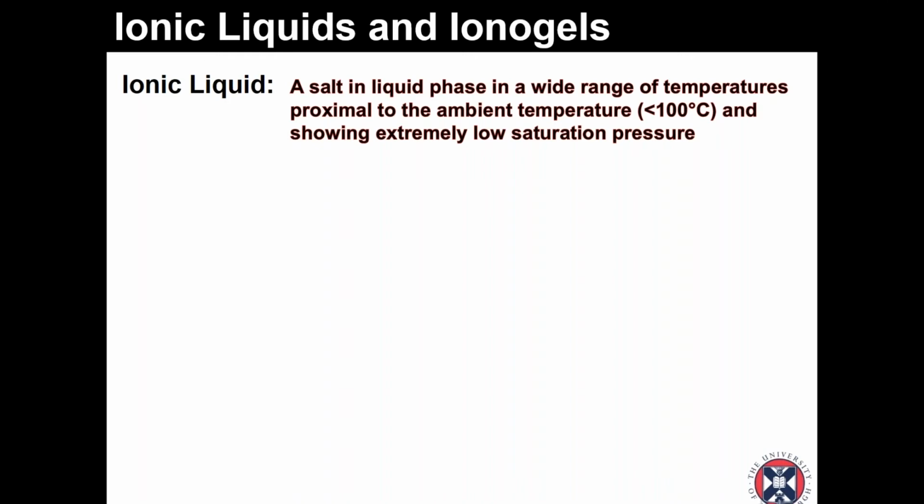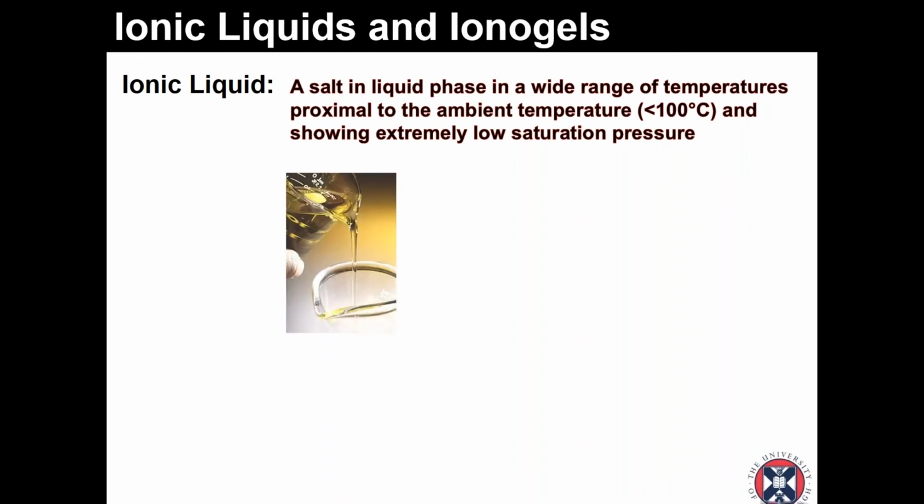We use the range of temperature between 25 and 100 C. So we have a liquid salt between ambient temperature and 100 C, showing extremely low saturation pressure. Essentially, they remain in a liquid state even at a very low pressure.